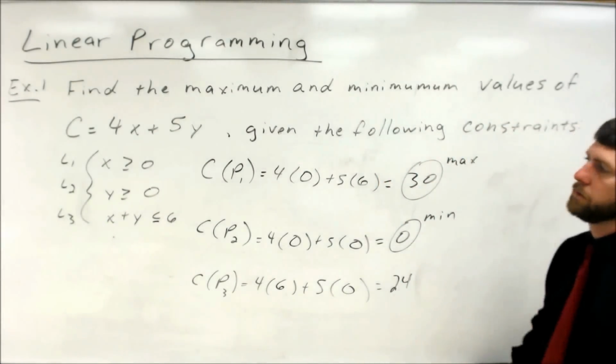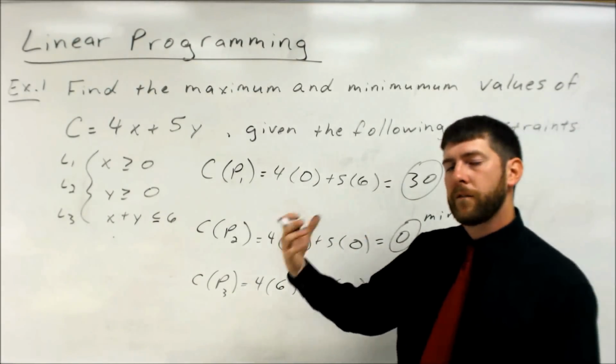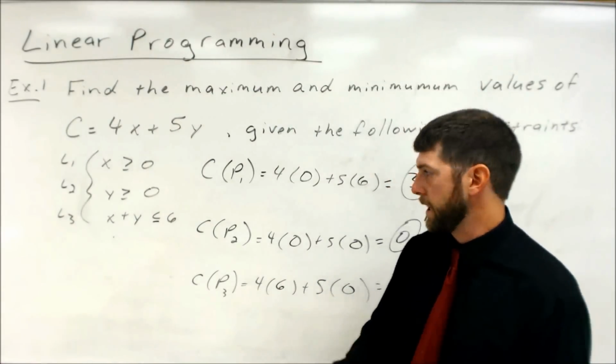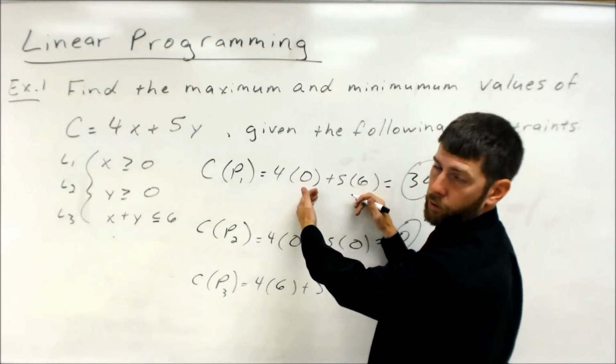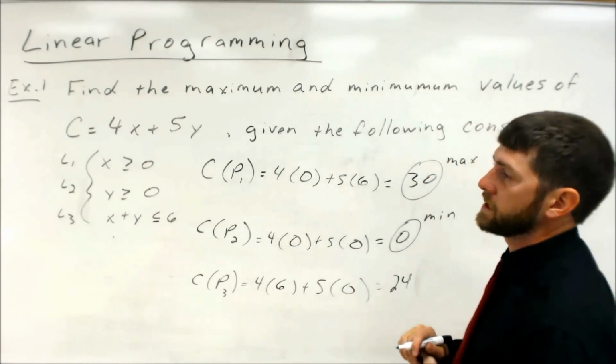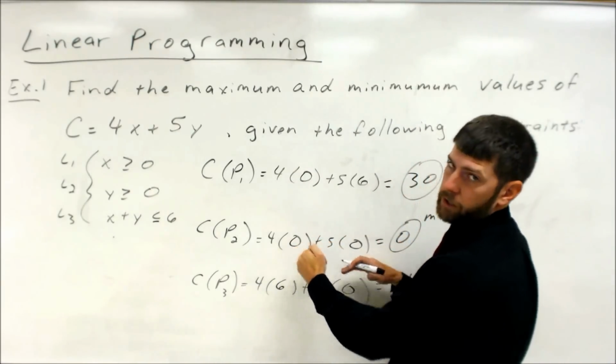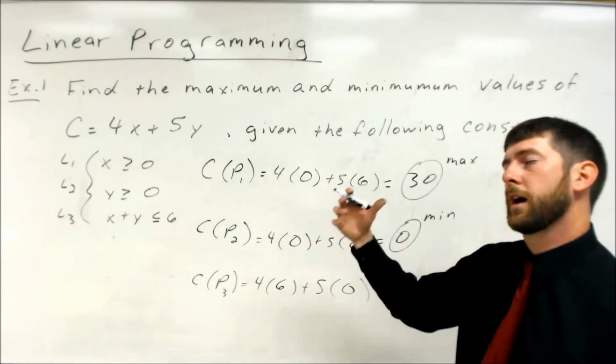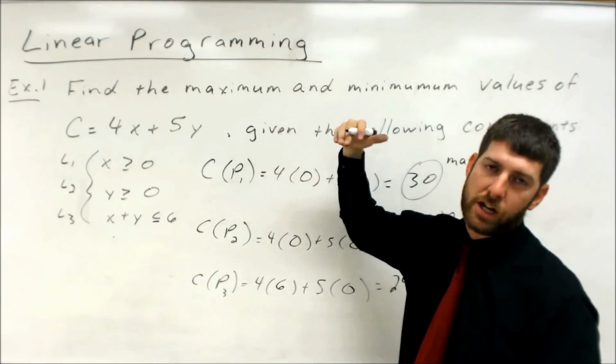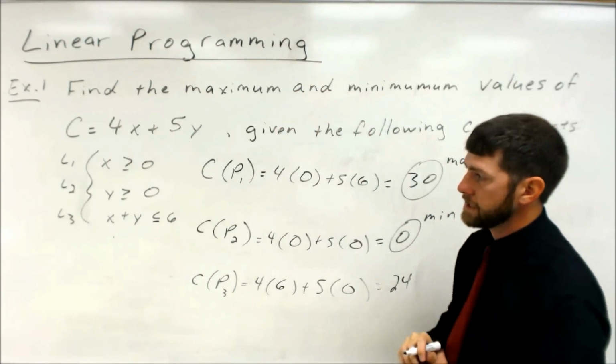If they had said, find the point that produces a maximum, then we would write the ordered pair 0, 6. Or if they had said, find the point that produces a minimum, we would write the ordered pair 0, 0. But we've got to make sure you're paying attention and answering the question that is asked.